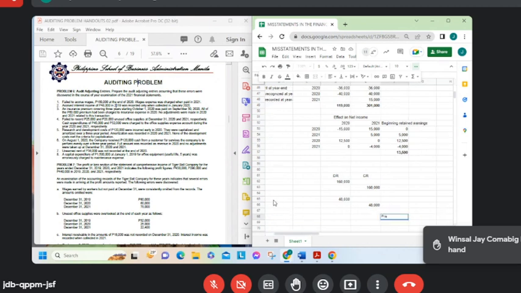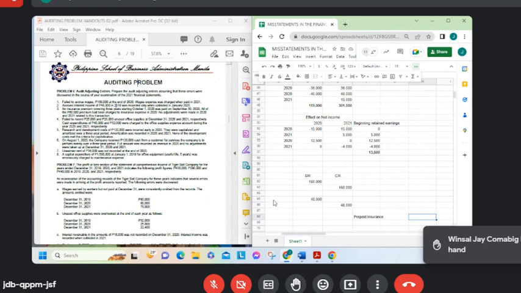Prepaid insurance. So that's for October, the total 60,000.